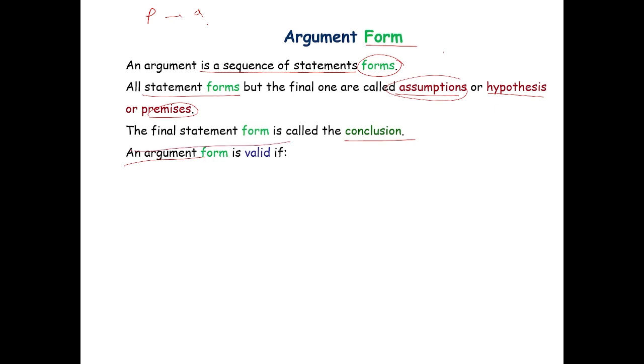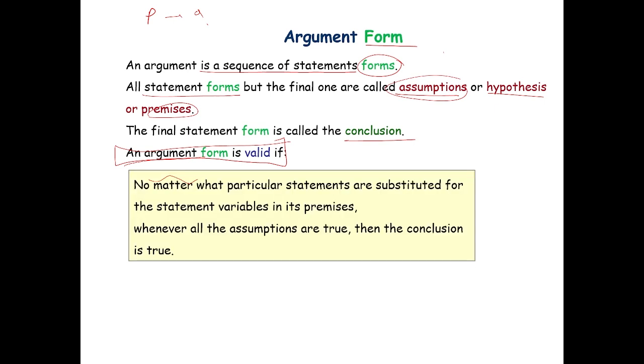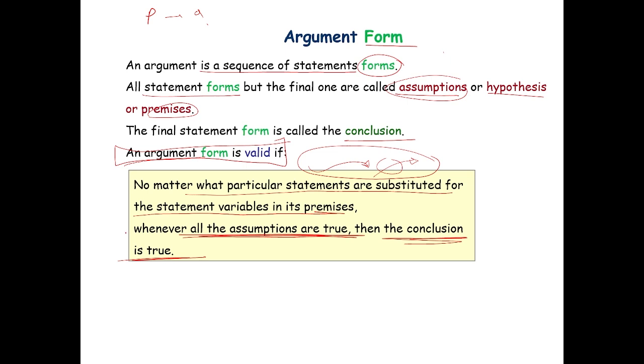So an argument form is valid if, assuming that all your hypotheses are true, you can derive the conclusion as true. No matter what particular statements are substituted for the statement variables in its premises, whenever all assumptions are true, the conclusion is true. Whenever this happens, we can call that argument valid.